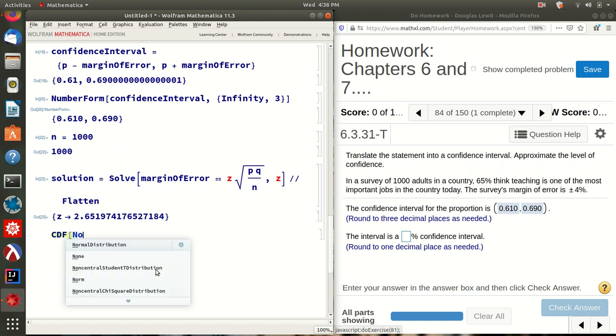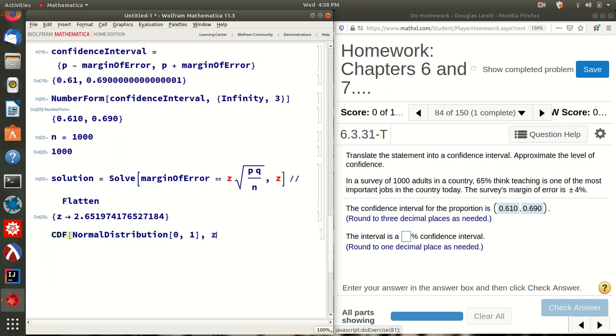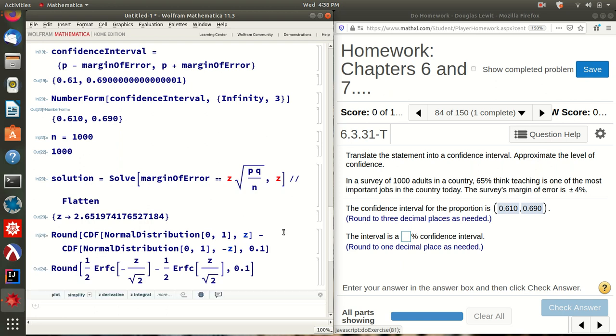CDF, normal distribution, 0, 1, Z minus CDF, normal distribution, 0, 1, comma, negative Z. And I want to round that out to 1 decimal place. Let's see if this will work. Sometimes this Mathematica trick doesn't work, but sometimes it does. 1 decimal place. Oh, hold on 1 second.